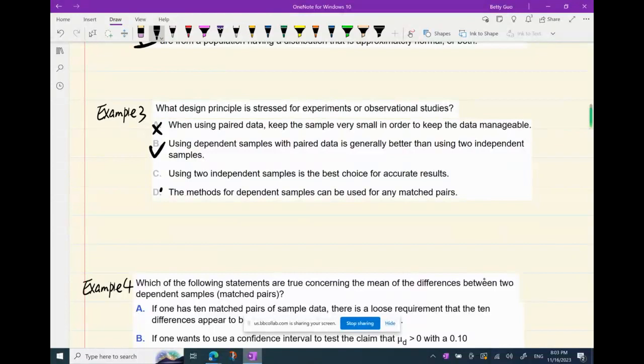So D is wrong. Okay, do you guys agree with my choice here? I explained my understanding of all 4 answer choices. Also, when an answer choice says something like "any," which is too extreme, it's probably not true. Any questions about example 3?